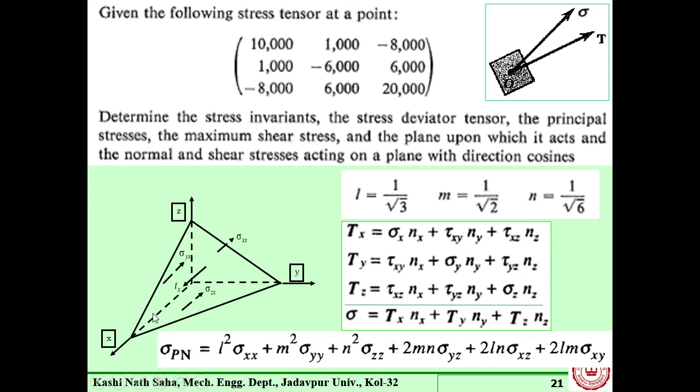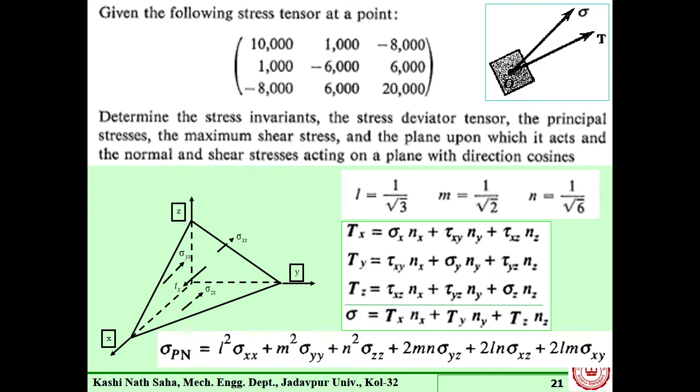For this plane, the outer normal direction is given by nx, ny, nz. We calculated these components from Cauchy's equation. And T is basically the square root of the sum of these squared quantities.